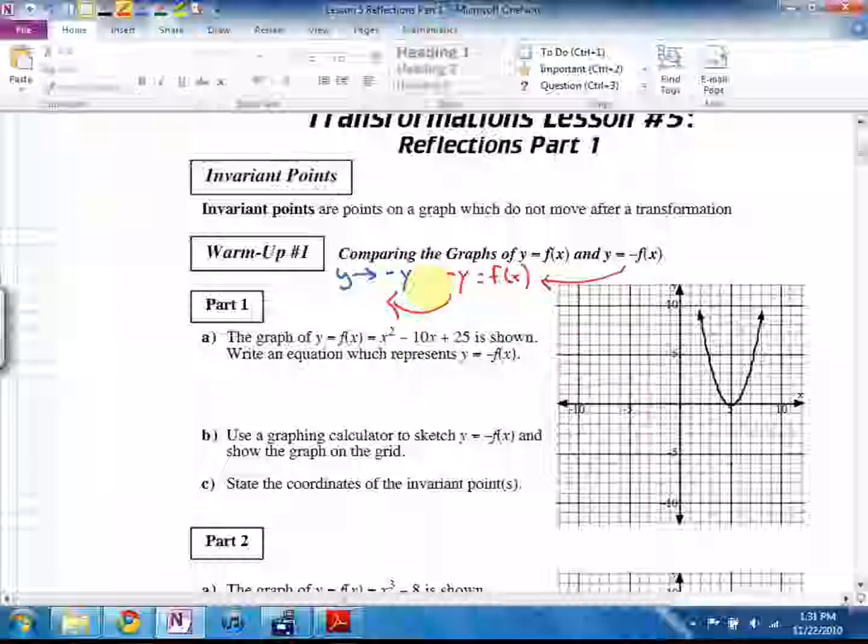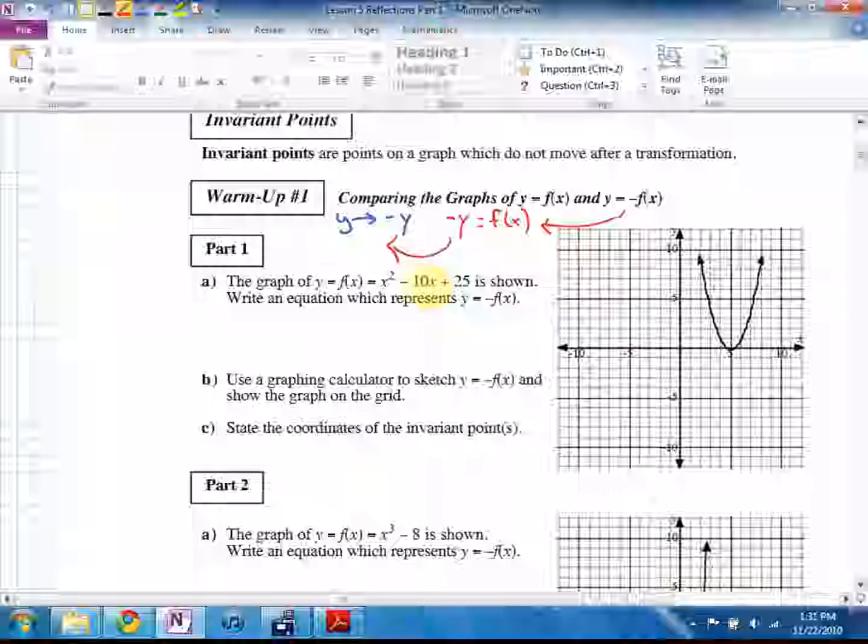Okay? So it says this. The graph of y equals f of x equals x squared minus 10x plus 25 is shown. Write an equation which represents negative that function, the opposite of that function, or Madeline, replacing y with negative y. What would the equation look like? Well, the equation would look like this.